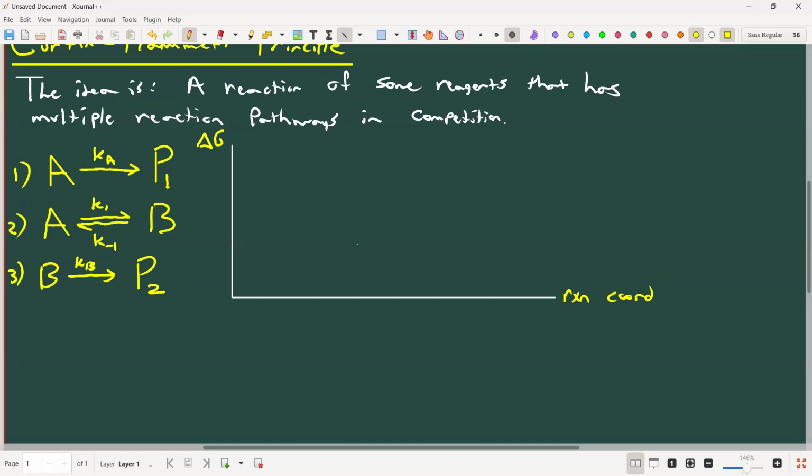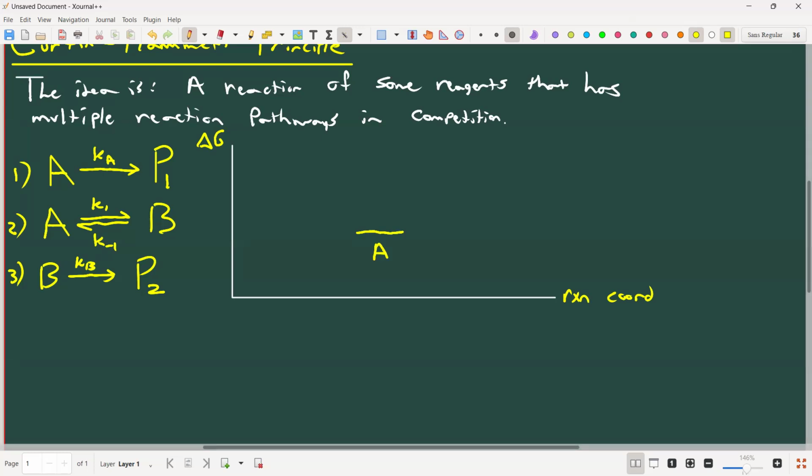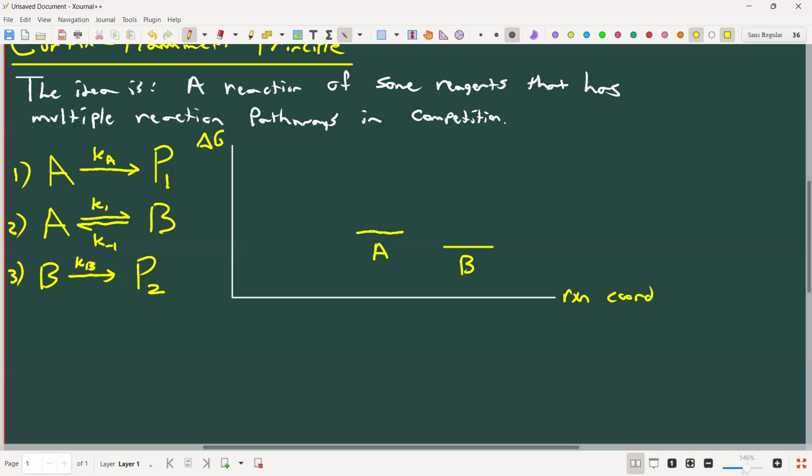If there's a choice to go from A to B, then B goes to P2 or A goes to P1, we'll put A and B in the middle. Like we'll start from the middle and work out in our coordinate. So let's say, for instance, A is here. All right, and B could be above, higher in energy, the same energy, or lower in energy than A. So maybe we'll just for giggles put B here. Right?